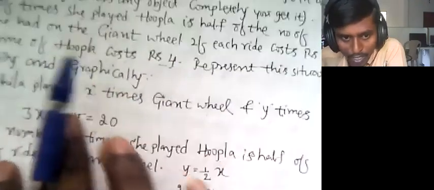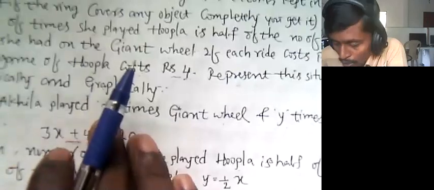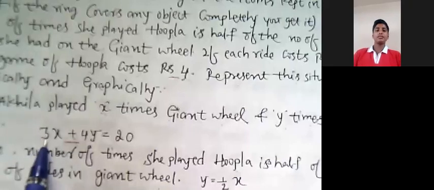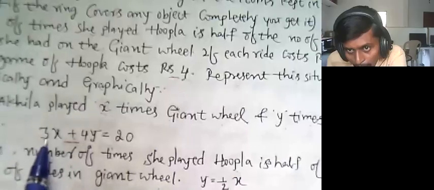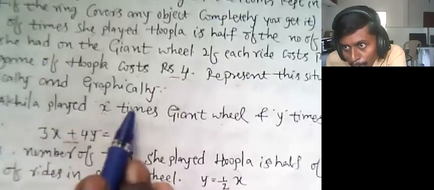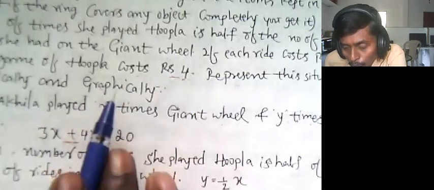Therefore, the total cost to play giant wheel is how much? 3 into x. Here 3 means cost of each ride, and x is the number of times she played the giant wheel.